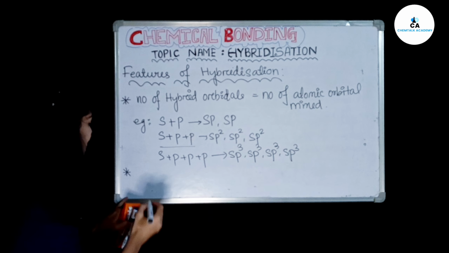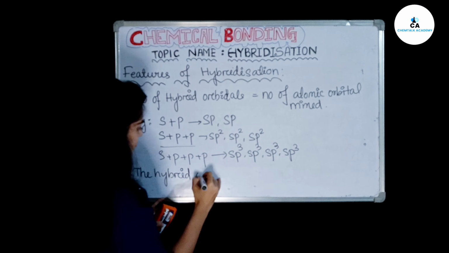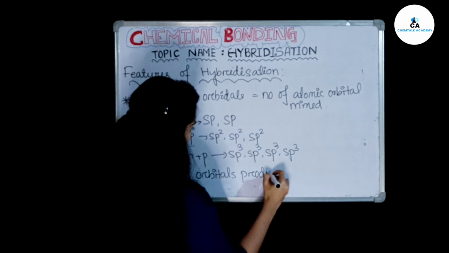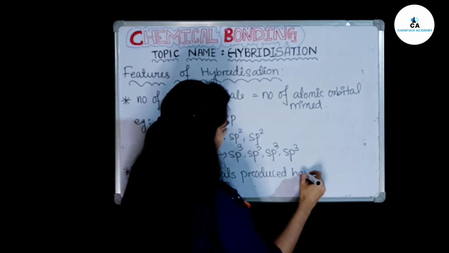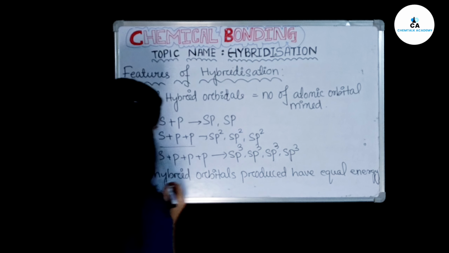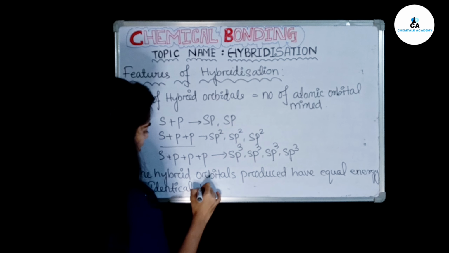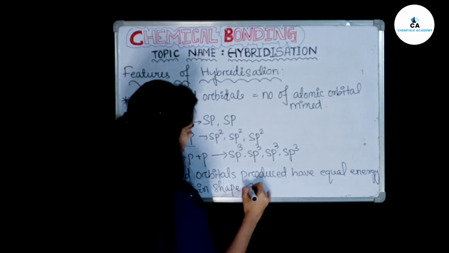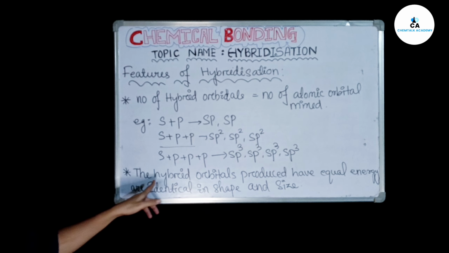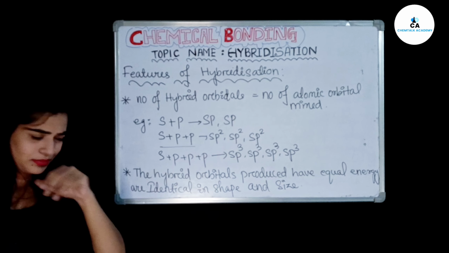So the second feature is that the hybrid orbitals produced have equal energy and are identical in shape and size, as we have also seen in the case of CH4.